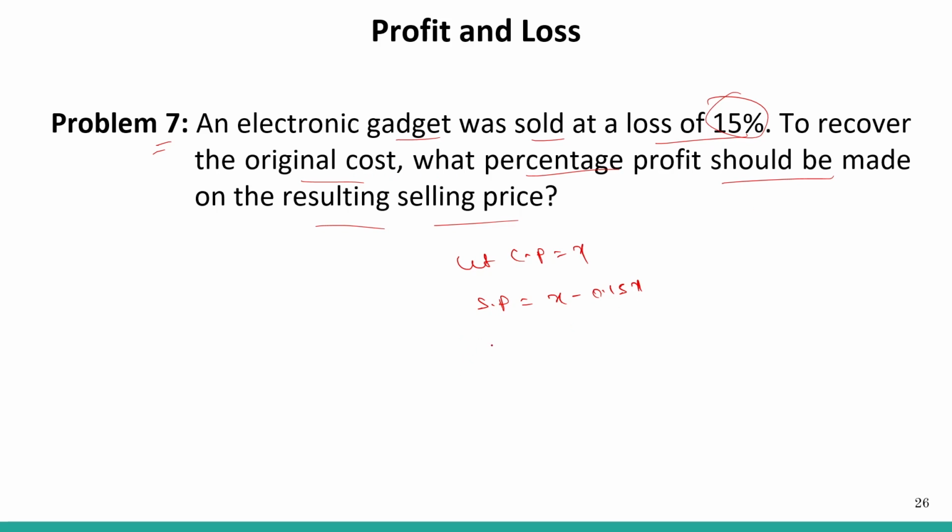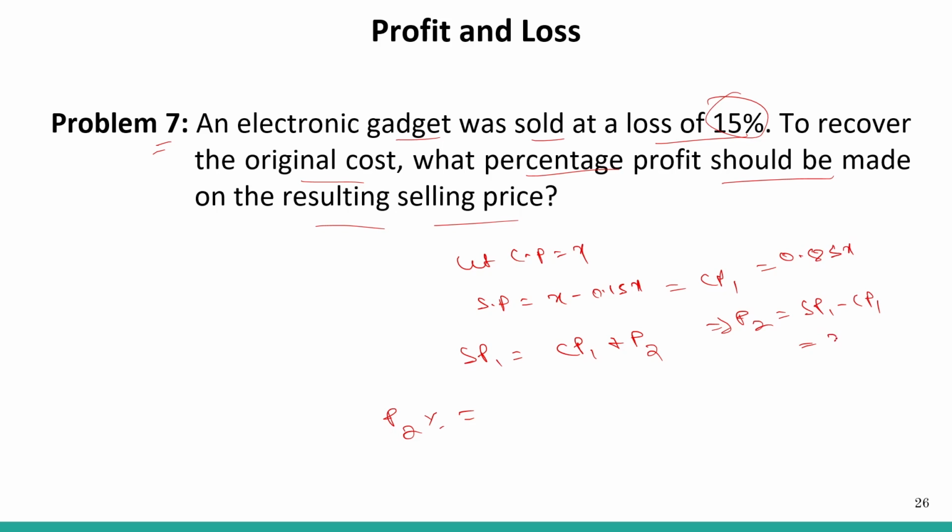So this is the new CP, CP1, right? So SP1 is equal to CP1 plus P2, that is profit number 2. So P2 is equal to SP1 minus CP1, right? So SP1 is equal to 0.85X.